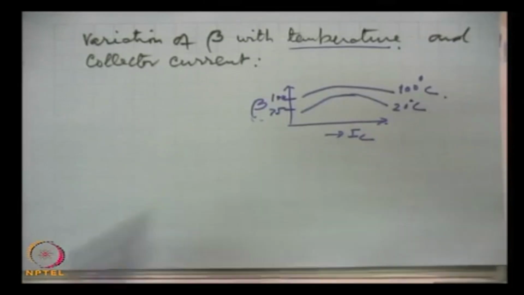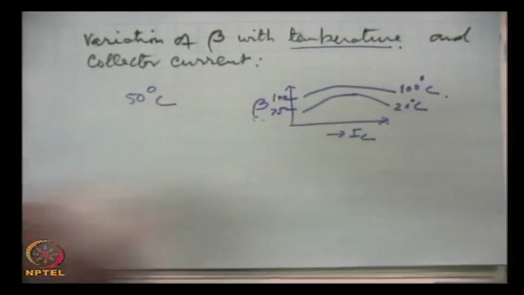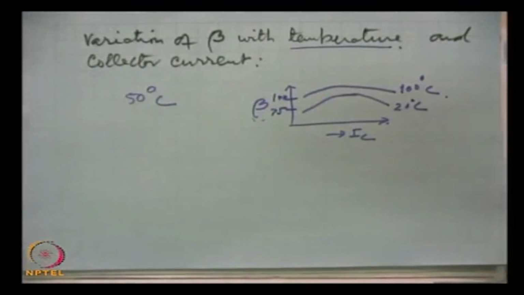Now, I have been very frequently talking about the changes in temperature. Let me make this point clear here. Ambient temperatures, we know in winter and summer, change, and changes of the order of 50 degrees are quite common.